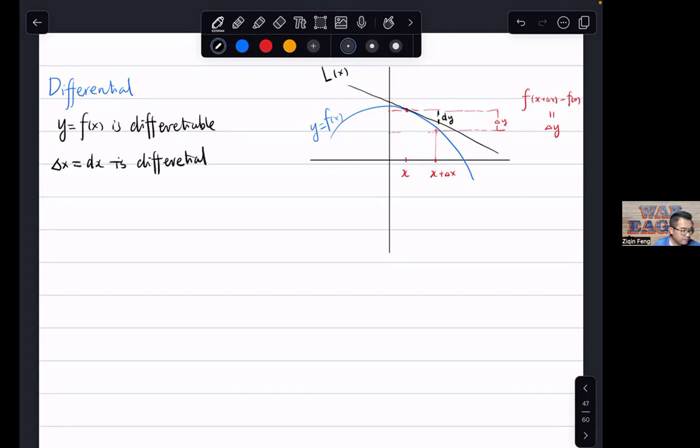Our actual change of y, delta y, is given by f of x plus delta x minus f of x. That's the actual change of y. Now, what's the change of y on the linearization?